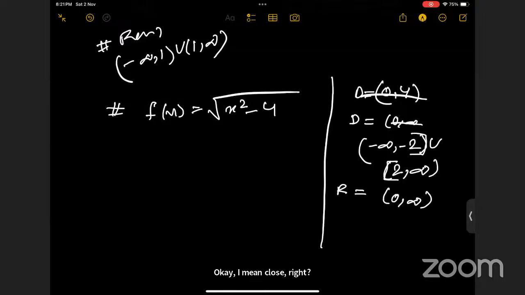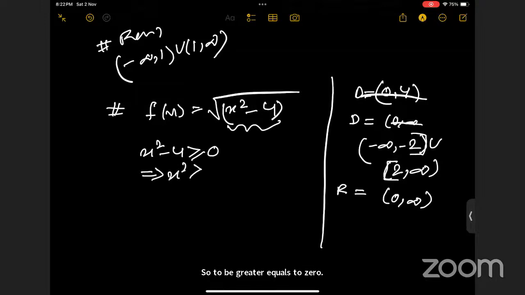Yes, ma'am. Okay, so let's see. This is under a root, right? That means if we want to define the function, then we need this portion to be non-negative. That means x squared minus 4 is greater than or equal to 0.